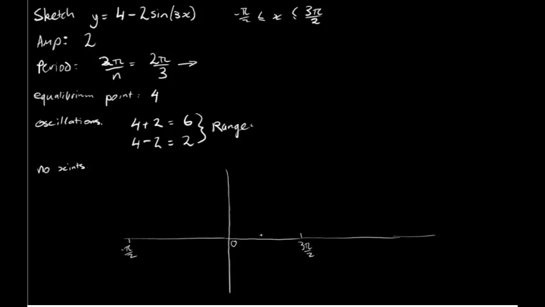The total distance is between minus pi on 2 and 3 pi on 2, so we get 2 pi. It has a total domain of 2 pi, whereas our period is 2 pi on 3. So we divide it into thirds, and we're going to have 3 cycles within that domain.